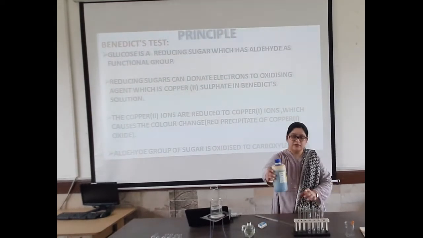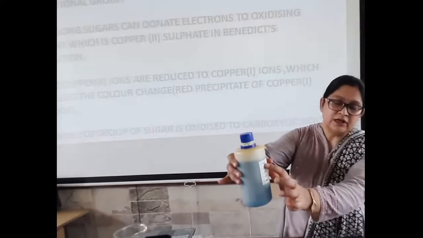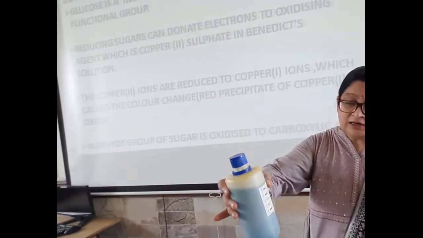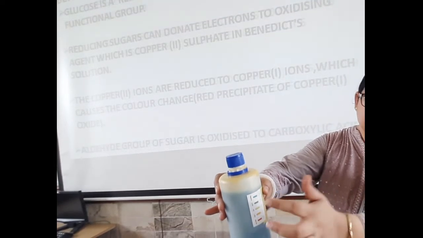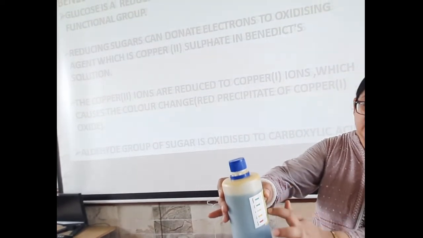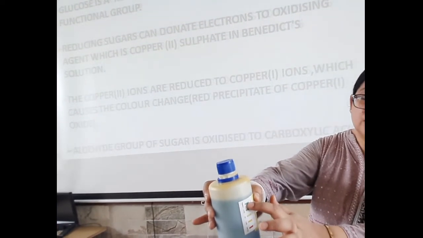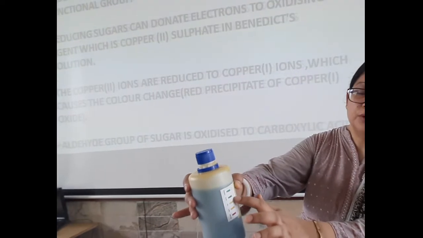Here you can see different colors demarcated. If after treating with Benedict solution a blue color comes, it means no glucose is present in your urine. If it is green, 0.5% glucose is present.